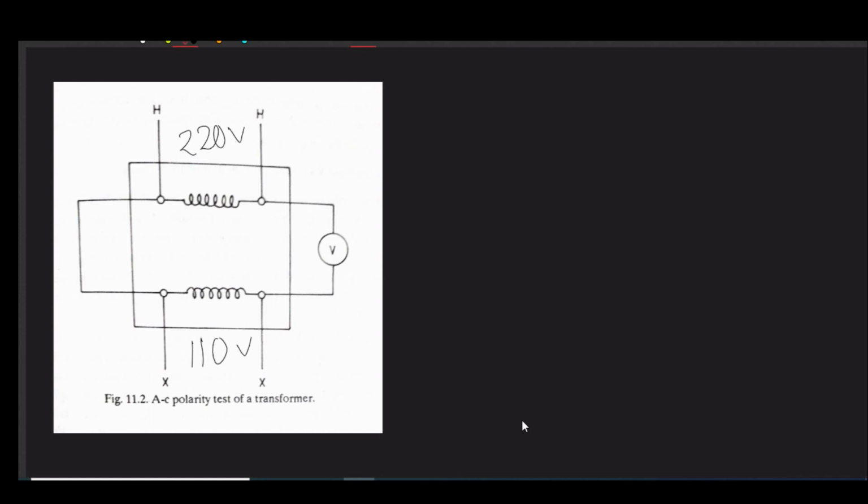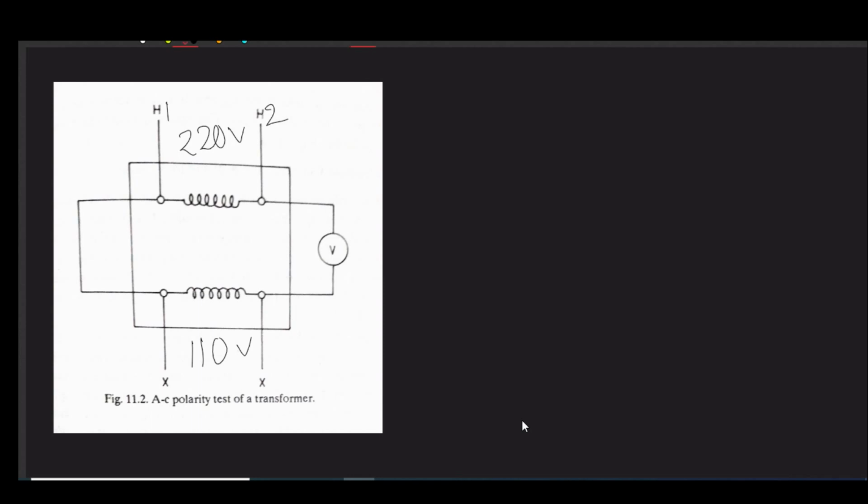We should short one end. We know this is H1 and this is H2, but we are not sure whether this one is X1 or this one is X1. We are not sure of X1 and X2, but we can connect the H1 with its similar terminal of the secondary side, we short it.